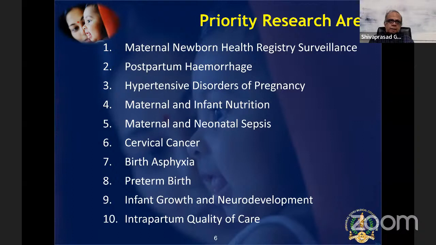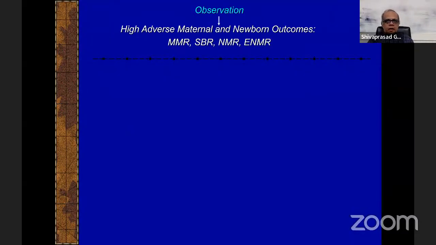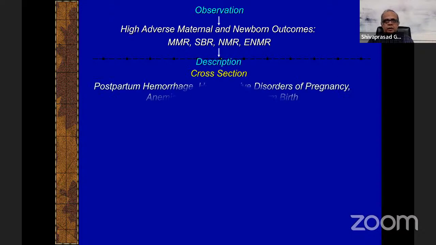As I said, the causes come from the registry, and basically the registry serves as a platform to understand our communities and then help develop interventions. So if you look at the flow, the registry provides this information in terms of what the mortality and morbidity burden is in our communities.